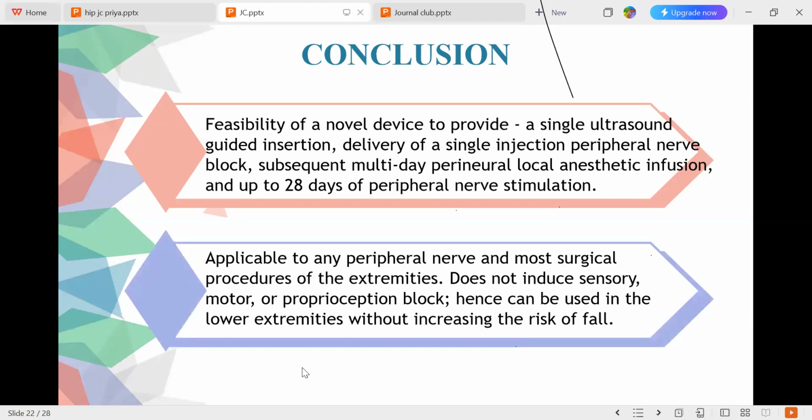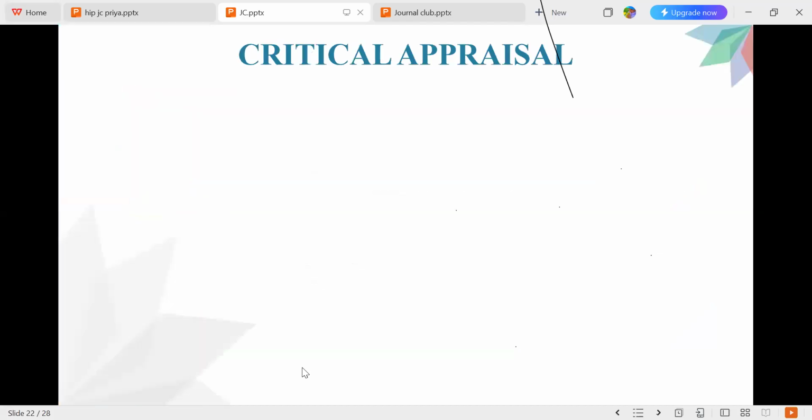It can be applied to any peripheral nerve and most surgical procedures of the extremities. Since neuromodulation does not induce any sensory, motor or proprioception block, it can be used in lower extremities without increasing the risk of fall, and it can even be used in bilateral procedures where adequate analgesia can be achieved.